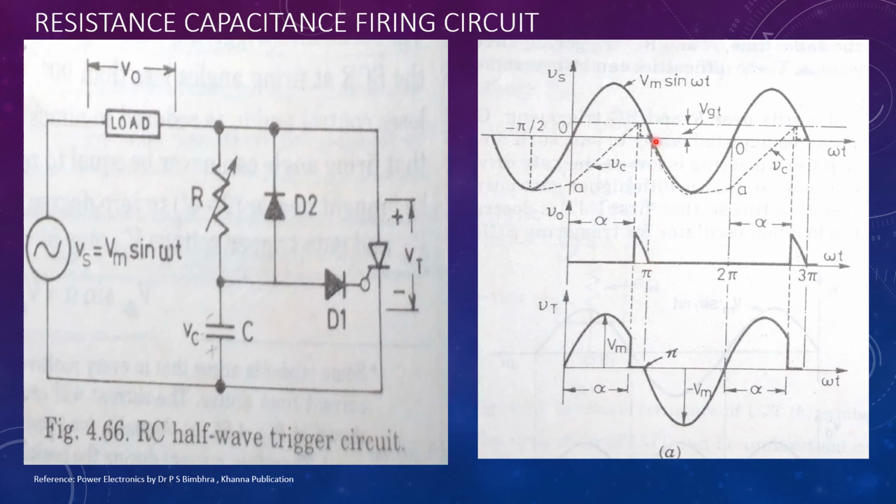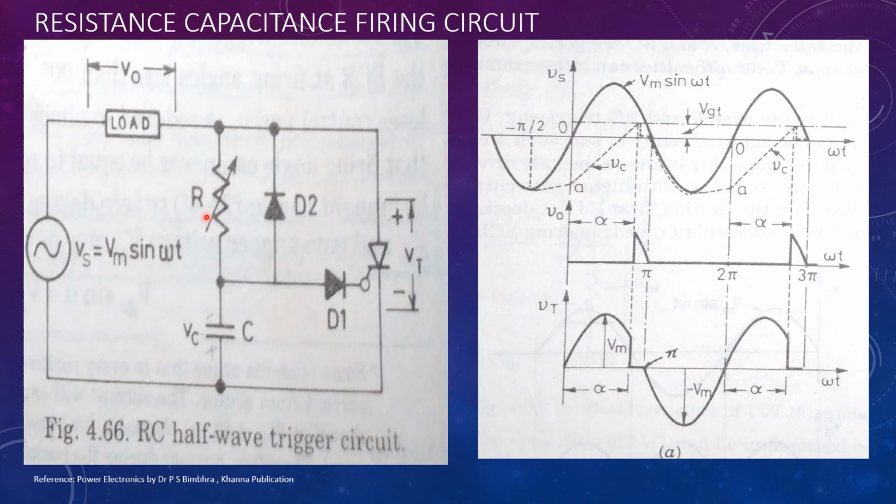After omega t equal to 180 degree, the sine wave has reversed and a reverse voltage appears across the thyristor, turning off the thyristor. After omega t equal to 2 pi, the cycle repeats. In the resistance capacitance firing circuit, the time required for the capacitor to charge can be controlled.